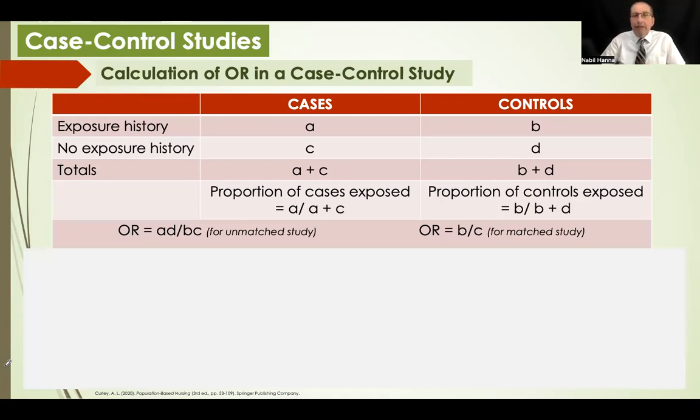So again, we have the vertical columns, cases and controls, the rows for exposure history and no exposure history. So the proportion of cases exposed will be A divided by A plus C. And the proportion of controls exposed will be B divided by B plus D. And the odds ratio, if we're doing an unmatched study, will be AD divided by BC.